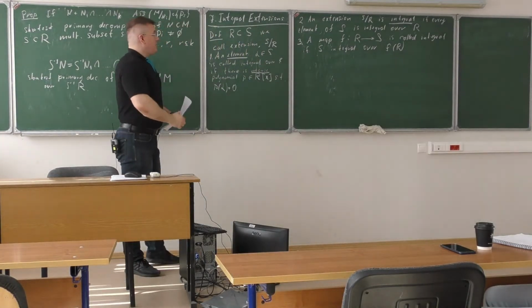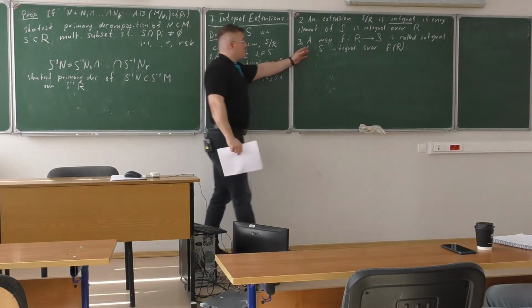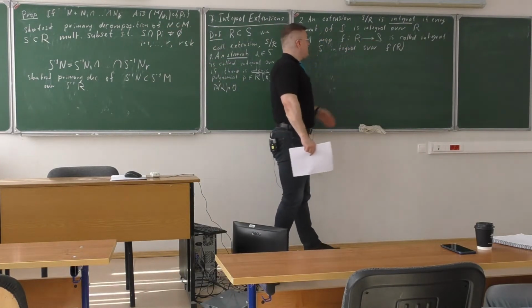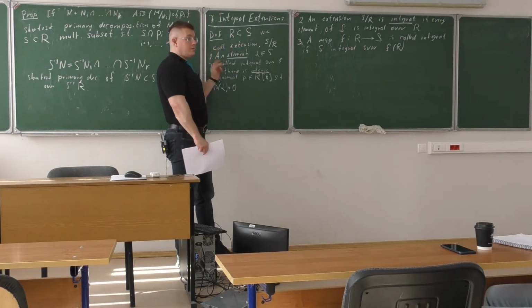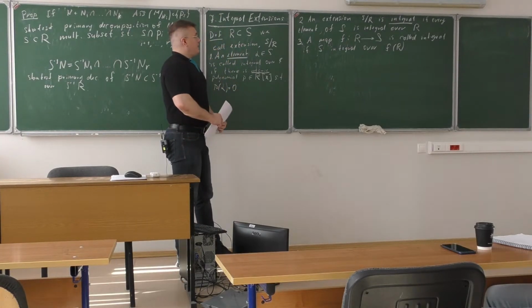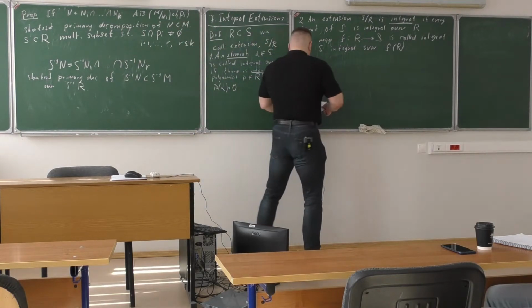So for example, if F is just an embedding, this is the tautological definition, but in general this is not an embedding, so this is something new that we don't have in part 1 or part 2.